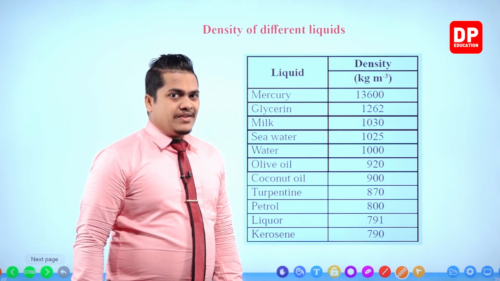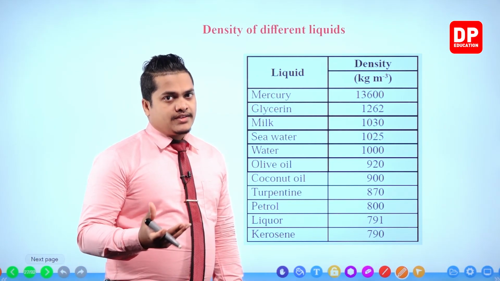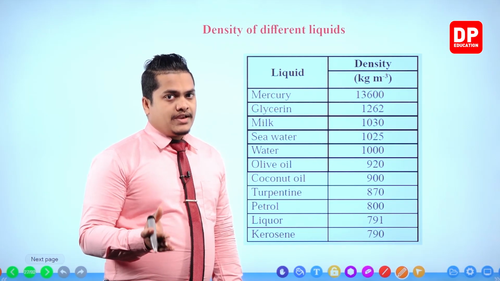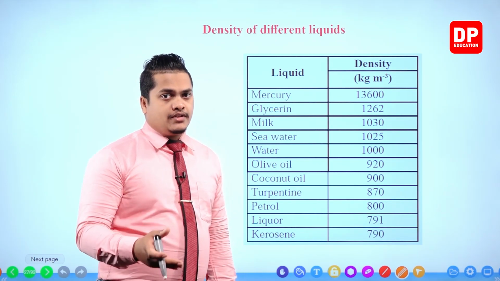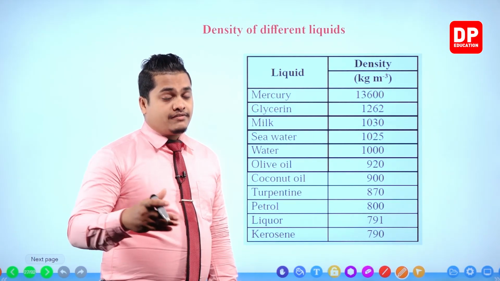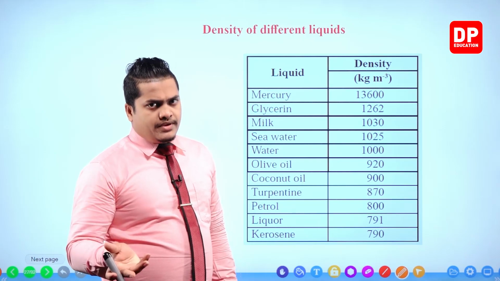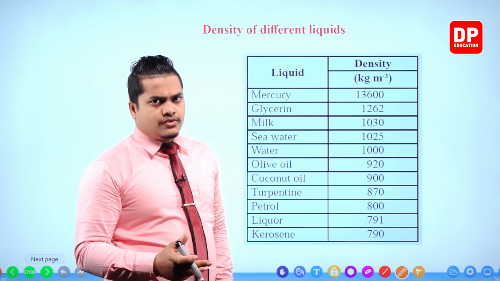You can take the toy kind of hydrometer which we are going to prepare at houses, and you can dip it in different solutions and compare the densities. But you won't be able to get an accurate answer, right?